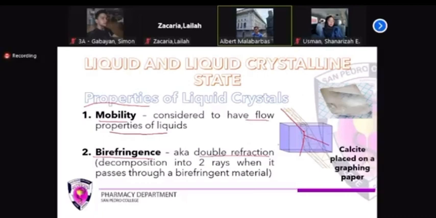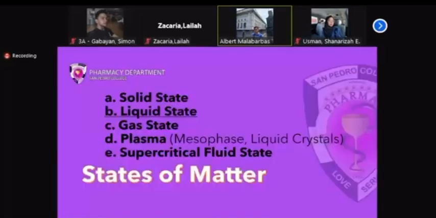A characteristic of liquid crystal. A property of liquid crystals. Okay, those are the important things about the liquid crystalline state.